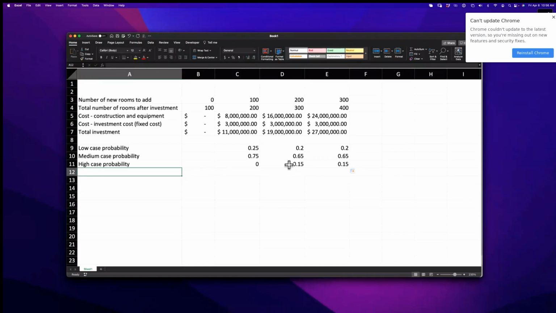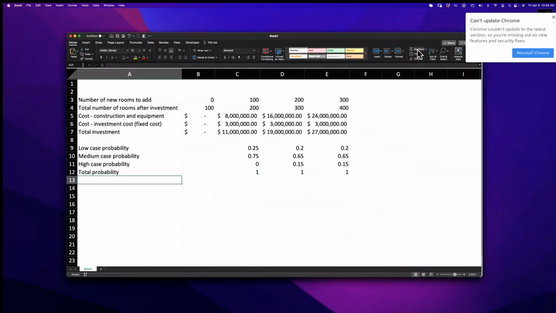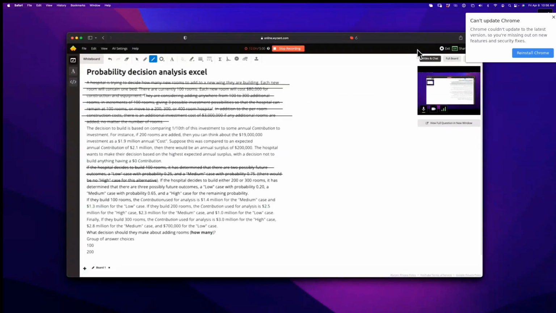Again, you can use Excel to check that if you want. That should be equal to 1. And there's an auto sum feature, and we can copy that across. So now we know about the probabilities. We can cross this out.